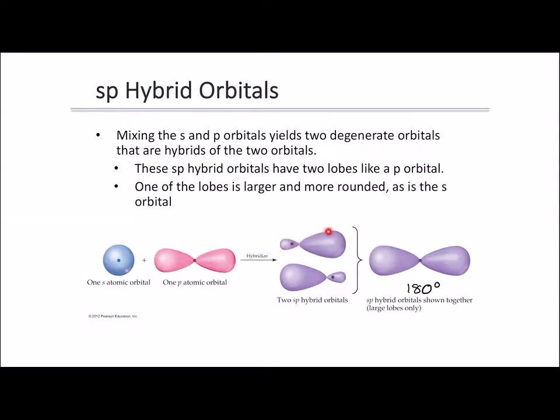And the large lobe is slightly more rounded than a regular p orbital. So you can see it kind of looks like I mixed an s and a p orbital together here. It became more rounded that we got from the s orbital, but it had the 2 lobes like a p orbital. So you can think of your hybrid orbitals as almost the children of the 2 different original orbitals.